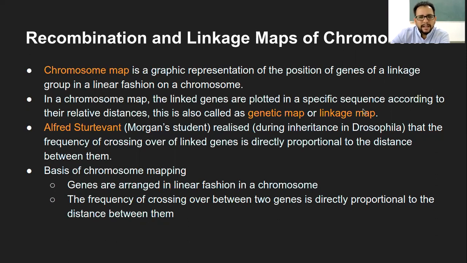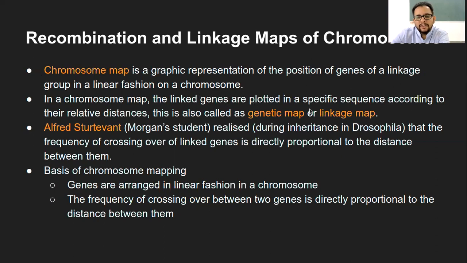And of course the linkage group means which genes are together in a particular link, whether they are forming a complete linkage or incomplete linkage. So this chromosome map is very helpful. In a chromosome map, the linked genes are plotted in a specific sequence according to their relative distances, and that is also called a genetic map or a linkage map.